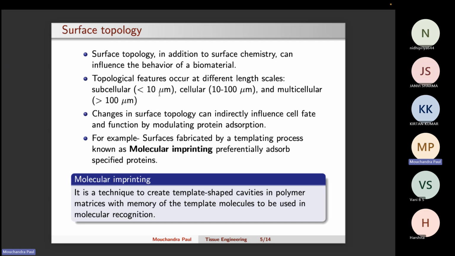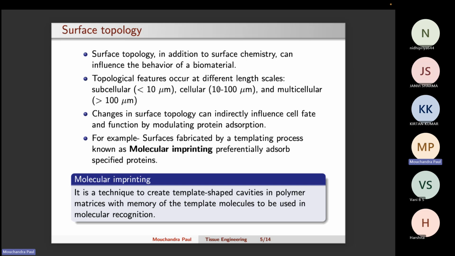Whatever roughness is there, you can imagine it as small peaks or small valleys, and their sizes can be as small as the size of one cell. 10 microns is the size of one cell, or it can be higher than that, that is 10 to 100 microns.